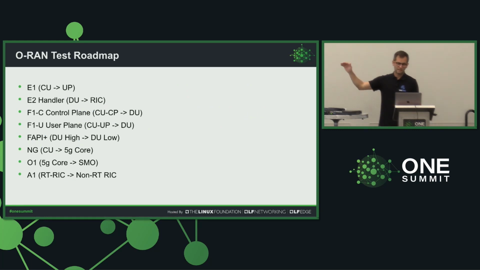This is a roadmap slide for the test roadmap, which we want to include in the test suite. We have most of those interfaces in the software, and we do our internal testing with that. If you're referring to a roadmap slide for the RAN, that's something else.